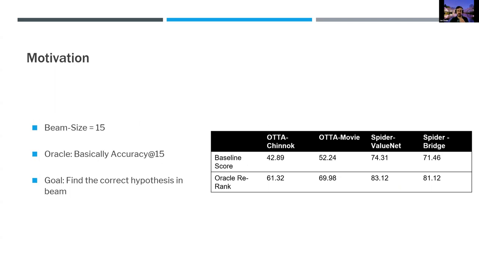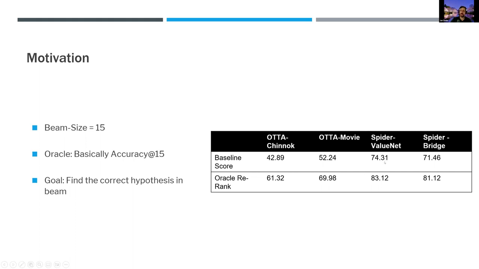If we do exact result score, matching the results of the gold query to the generated query, this is this accuracy here. You see that in all the different cases that we tested with Spider and some other datasets, we always get a huge improvement.